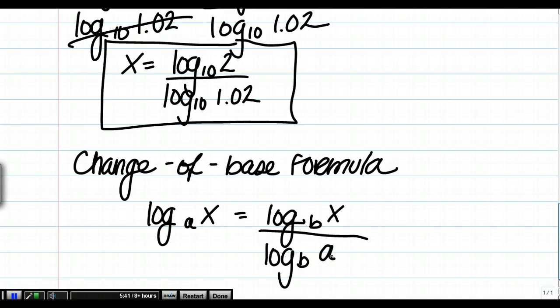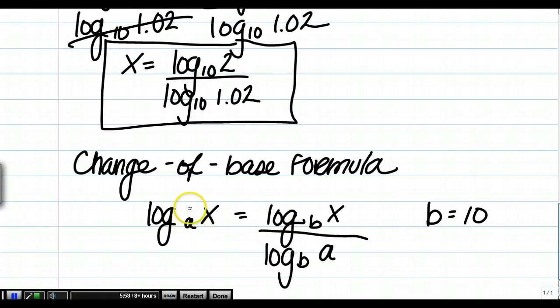If you notice, b is the same. b has to equal base 10 in order for this to work, in order for you to put it in your calculator.